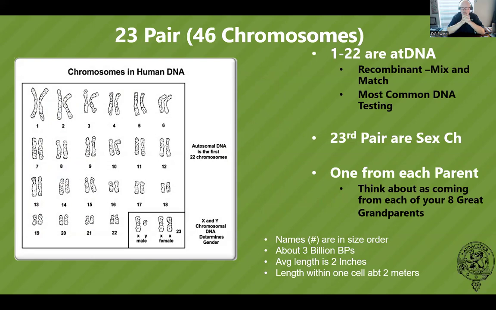Chromosomes are named, which are actually numbers, 1 through 22, and the 23rd pair are labeled X and Y. Chromosomes 1 through 22 and the X chromosome, so 45 of the 46 chromosomes that we have, recombine during meiosis, which is the process that generates the egg and sperm. This mixing and matching is what makes each of us unique.